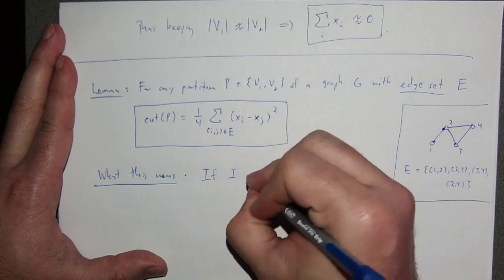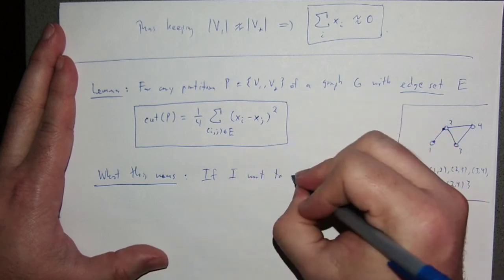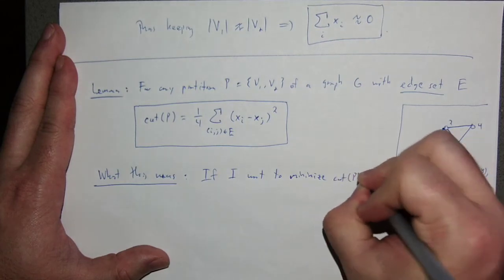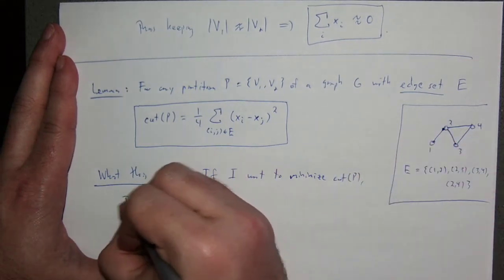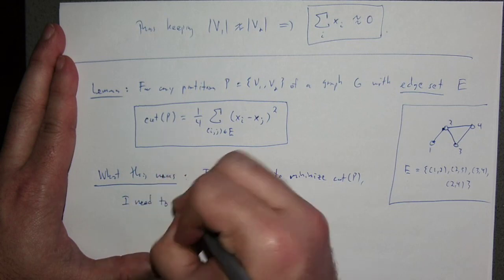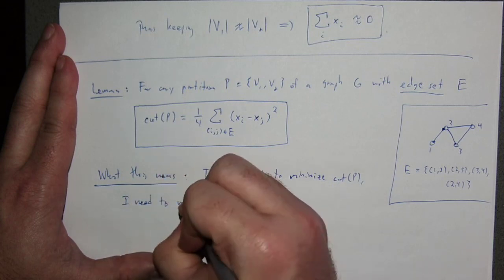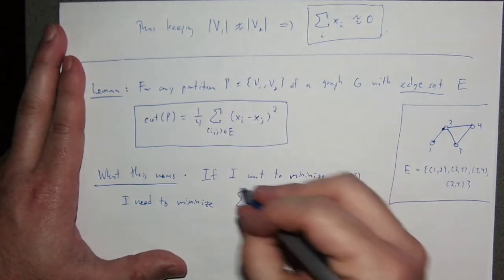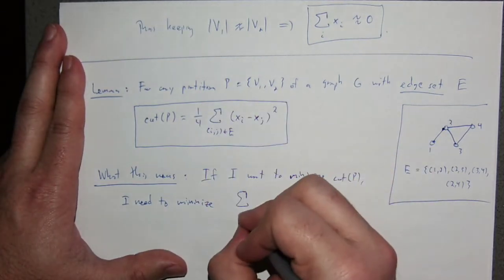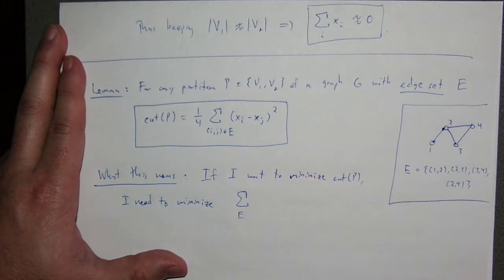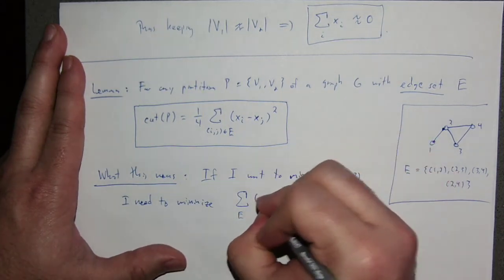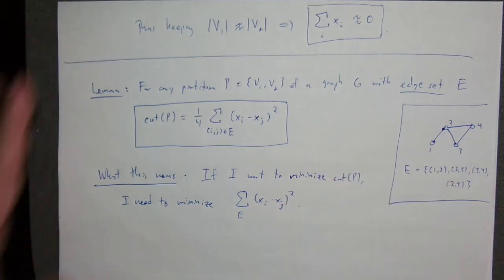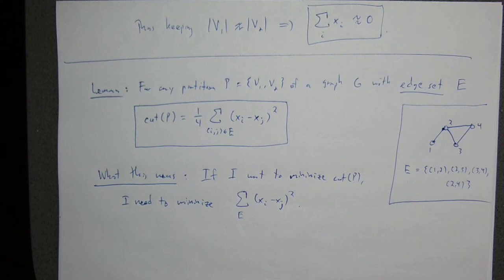If I want to minimize cut P, I need to minimize the sum; the 1/4 doesn't matter here. Minimizing the sum will do it. So I need to minimize the sum over the edge set E of x sub i minus x sub j squared.